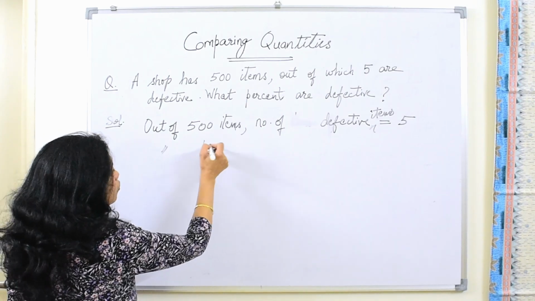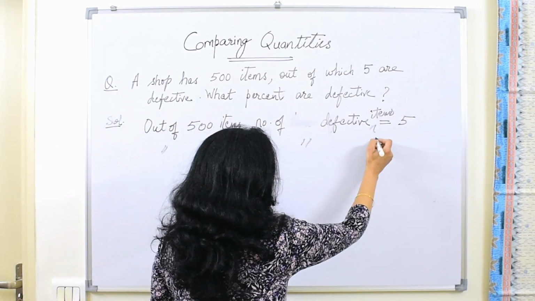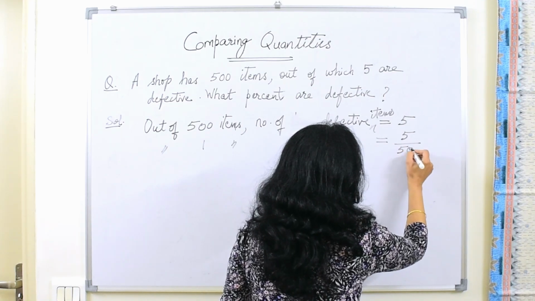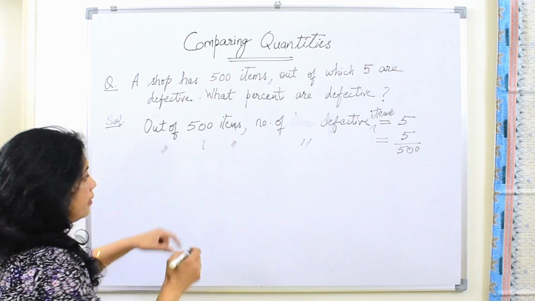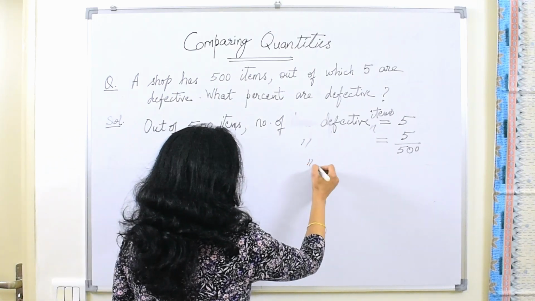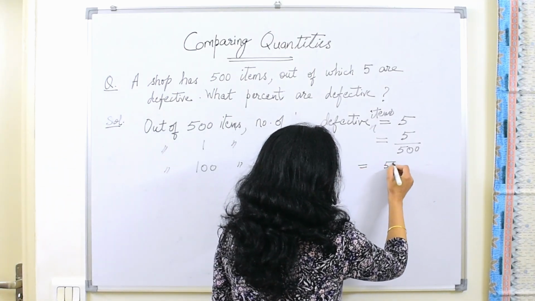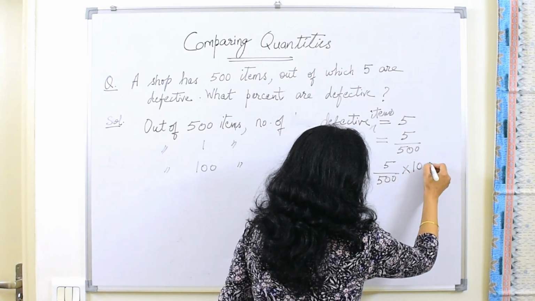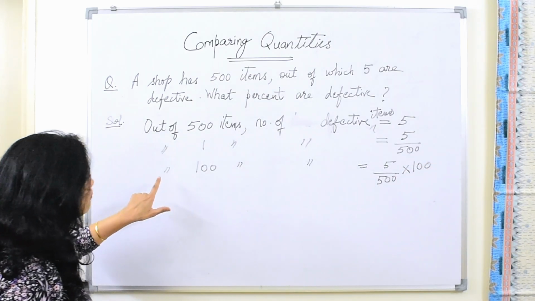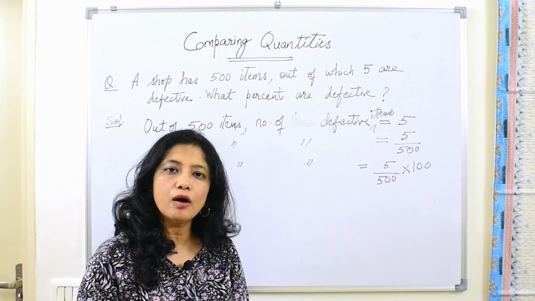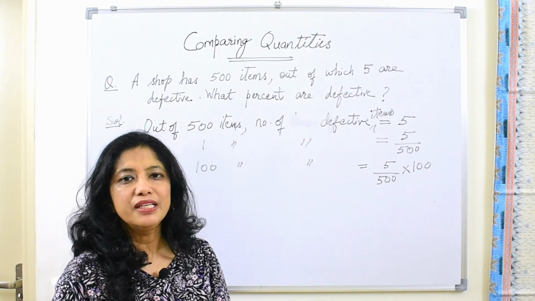Now out of one item, the number of defective items will be 5 divided by 500. Out of 100 items, those that are defective will be 5 divided by 500 multiplied by 100. See why we have done this out of 100? Because percentage is always out of 100. Percentage means out of 100.